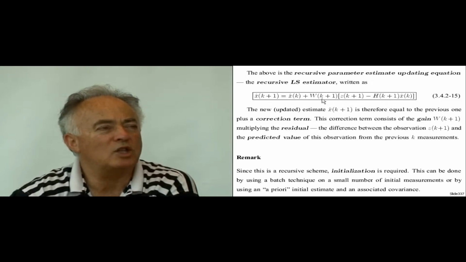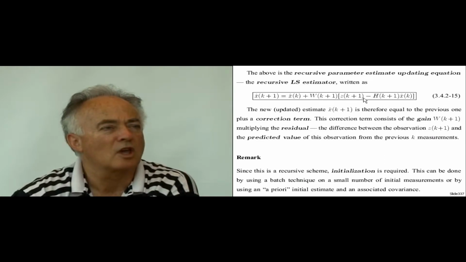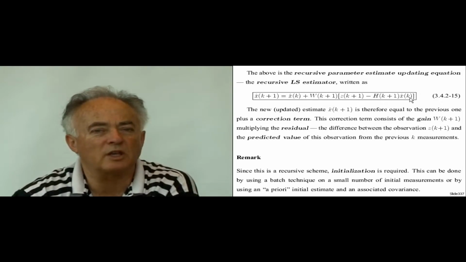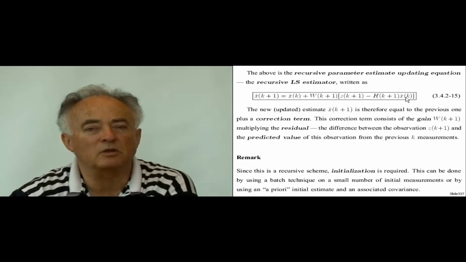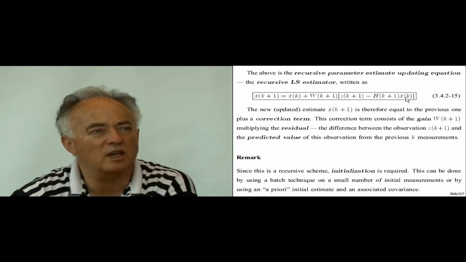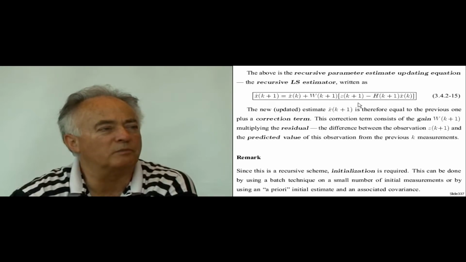The correction term really is the gain multiplying the residual, and the residual is the difference between the observation at k plus 1 and what we would have predicted we would obtain at k plus 1, namely H_{k+1} times our best estimate for x from the previous time, which is x hat k. So the gain times this residual is the correction term.